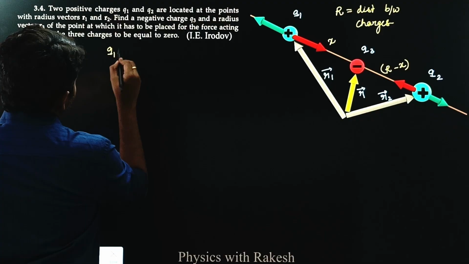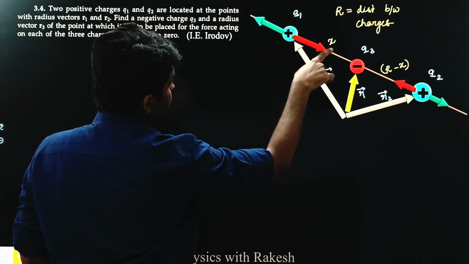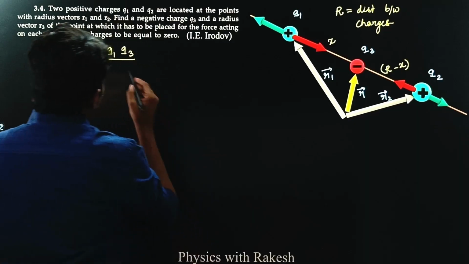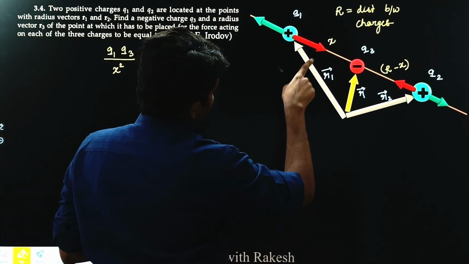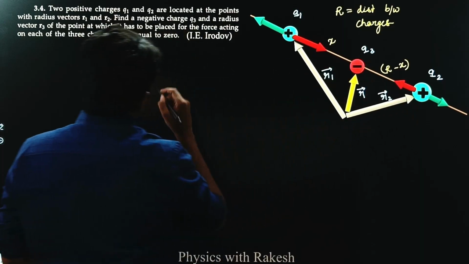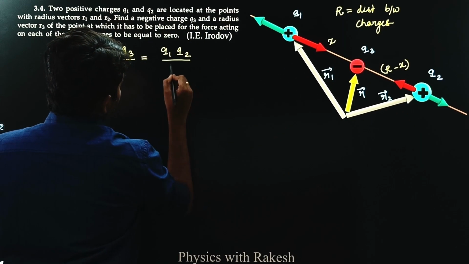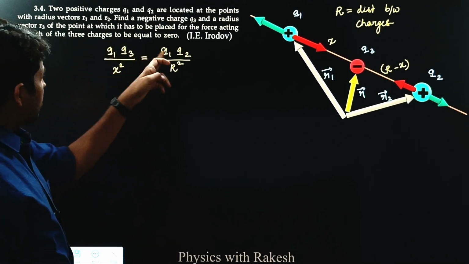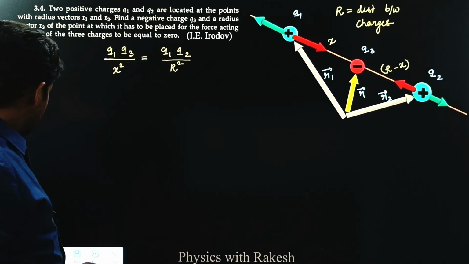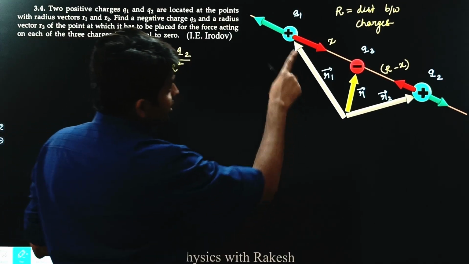K q1 q3 divided by x square, since the separation is x, equal to the force due to this, K q1 q2 divided by r square. I have cancelled out the K. Next, let us write for this.